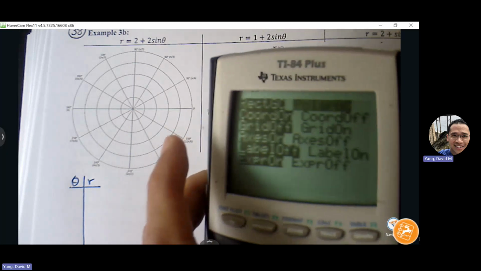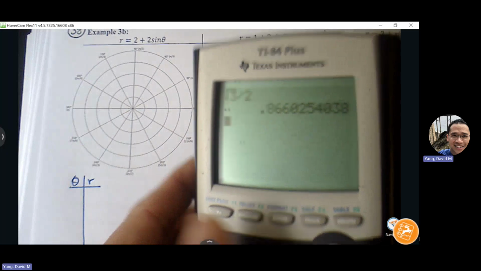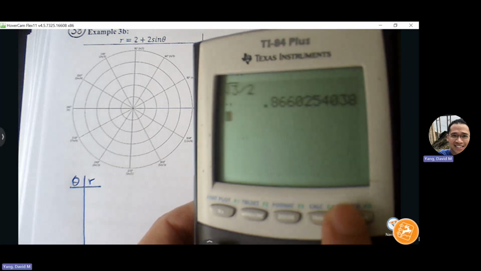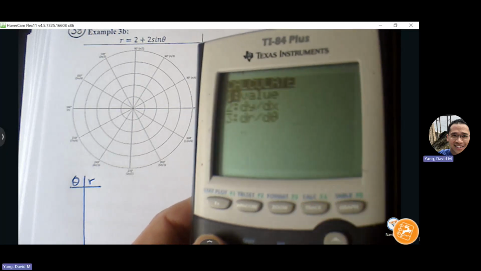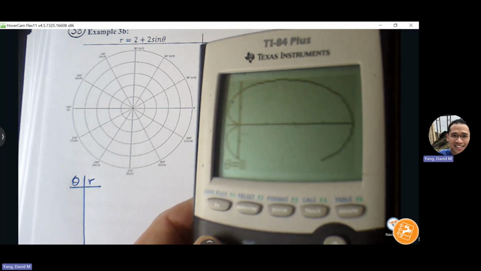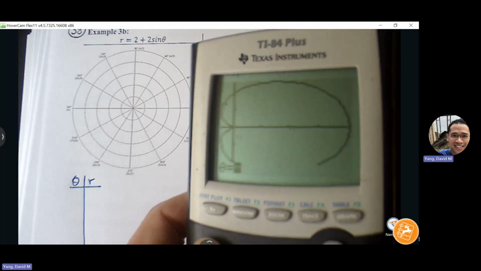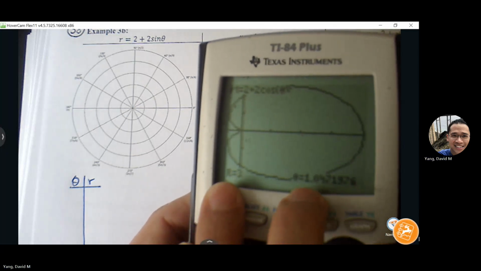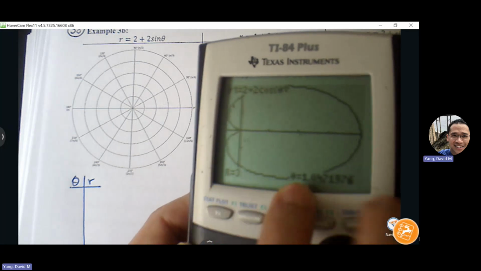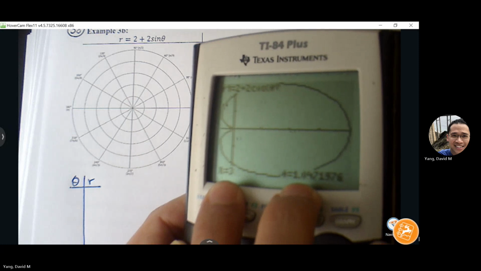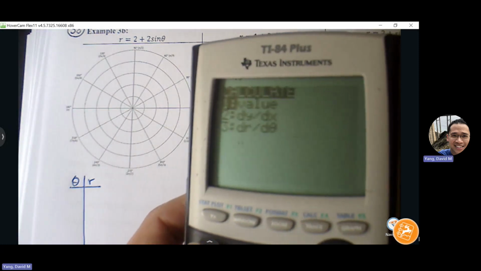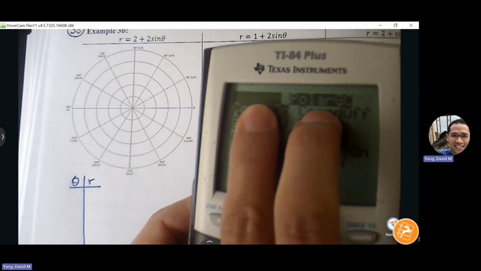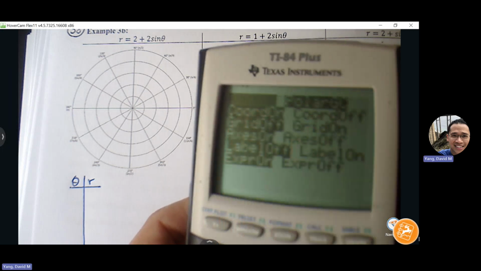So if you do that, then it'll give you r and theta in decimal form. So if you do second trace value, and let's say this graph, I wanted to figure out where pi over 3 was. Now it'll give you r and theta in decimal form. So that could be helpful as well. So second trace to get to the value, and then second zoom to look at your graph for polar coordinates versus rectangular coordinates.